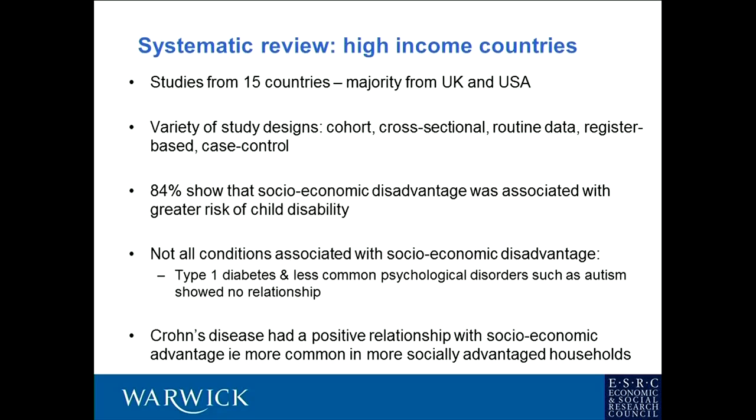Things like type 1 diabetes and less common psychological disorders such as autism showed no relationship with socioeconomic disadvantage. And there are a very small number of conditions, things like Crohn's disease, that had a positive relationship with socioeconomic advantage, in that it was more common in more socially advantaged households.